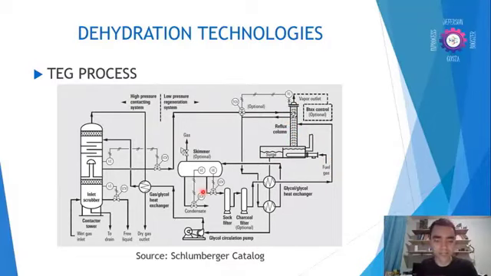And just as a matter of curiosity, during the absorption we also remove part of the hydrocarbons, which is absorbed by the TEG. So in some cases, we add a flash drum. Following the line, we have the rich TEG here, we have some preheating, and we send the TEG to an intermediate pressure operation so that it can release the hydrocarbons that were absorbed by the TEG.